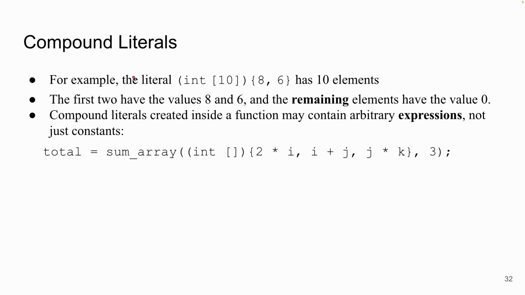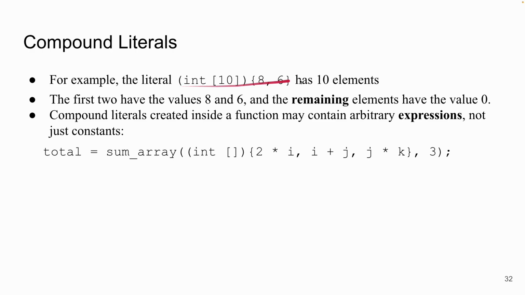So following the rules I mentioned, we can have the compound literal like this. We can indicate explicitly that this compound literal has 10 elements, but we only provide the initial value for the first 2 elements here.